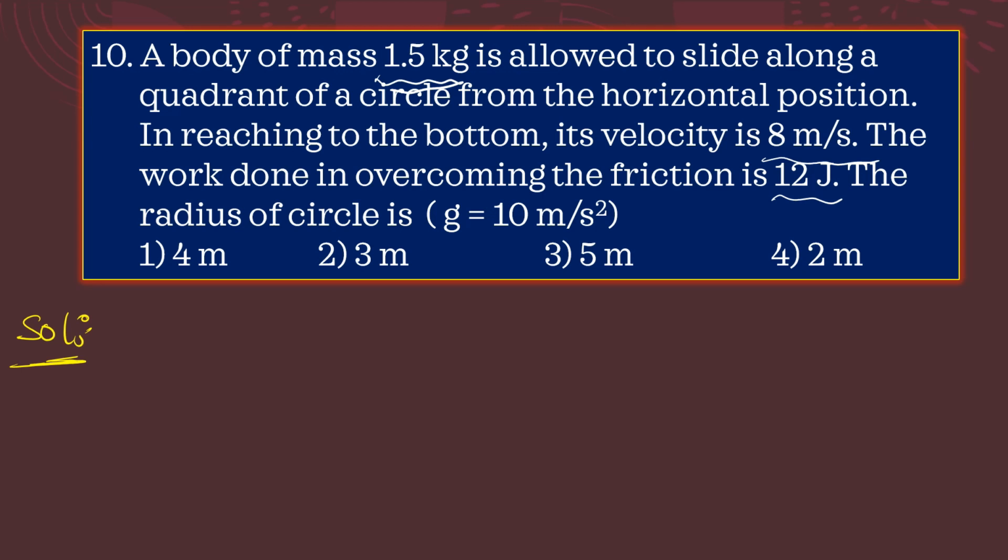Here they have given mass 1.5 kilogram, velocity 8 meters per second, and work done in overcoming friction is 12 joules. So from this, Wg minus Wf is equal to the change in kinetic energy, half mv square minus half mu square.